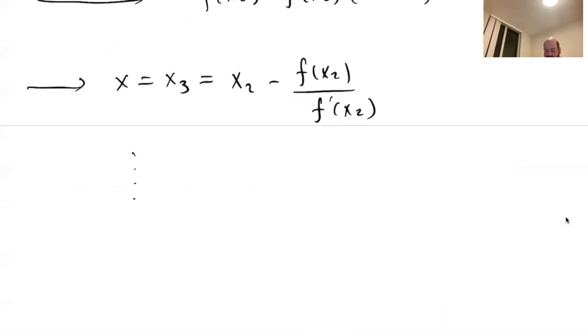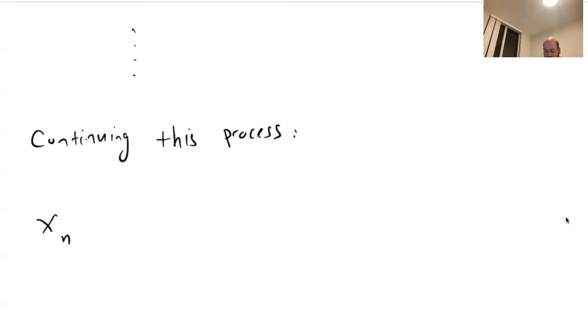So continuing this process, we can see that xn plus 1 is equal to xn minus f of xn divided by f prime of xn.